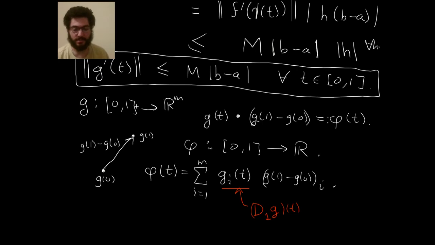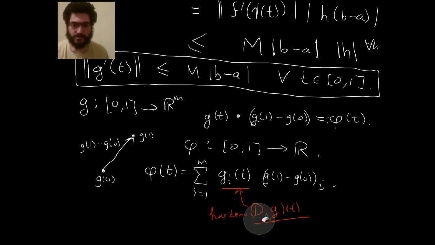And since g is differentiable, and we just proved that if a function is differentiable, then all of its partials exist, we know that this function is differentiable, its partial exists. Something's wrong with the way I'm writing it. I'm not saying this is this, I'm saying this has derivative this.